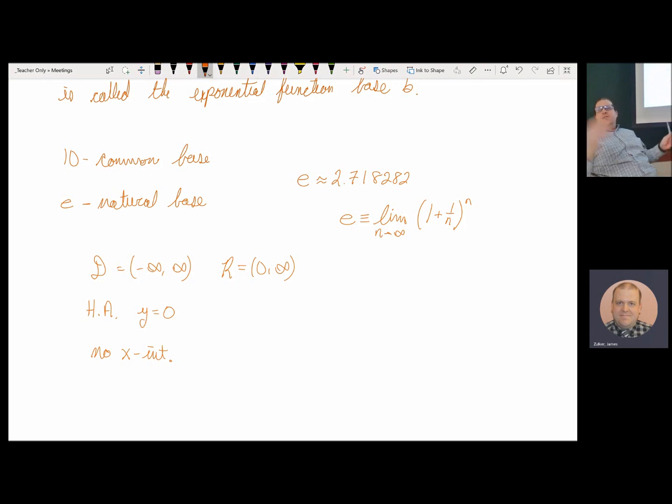Now, obviously, if you transform it, one of the transformations could, but just the general exponential, b to the x, never crosses the x-axis, which is obvious if you look at the range.